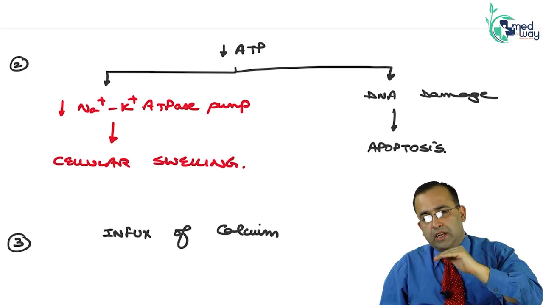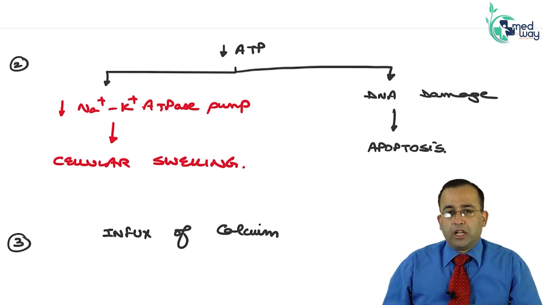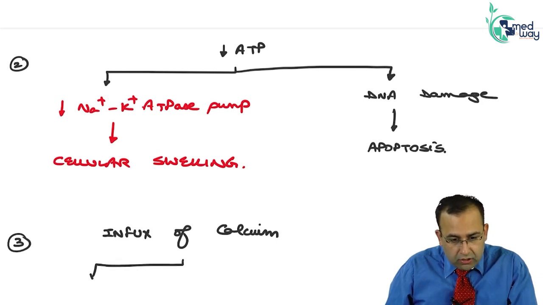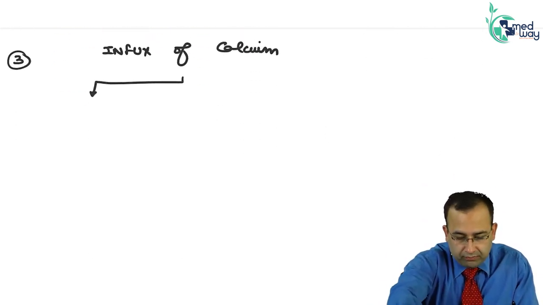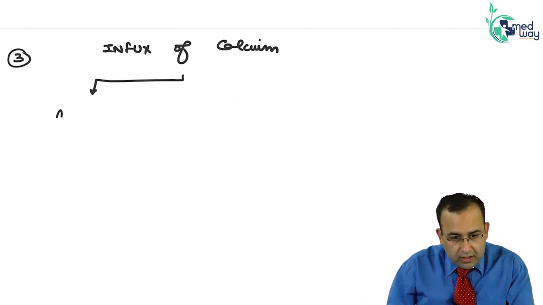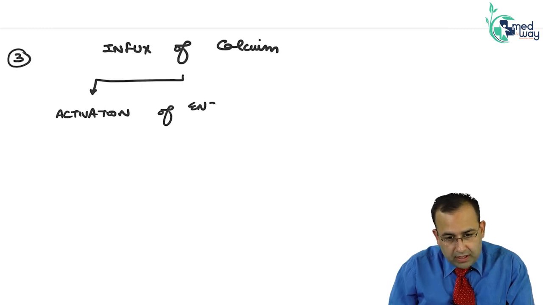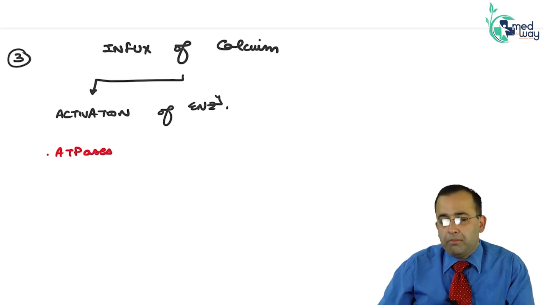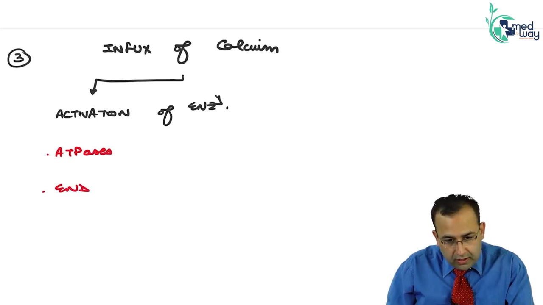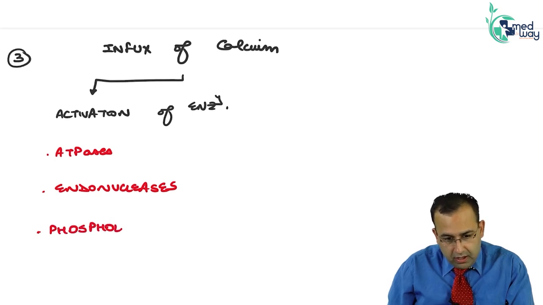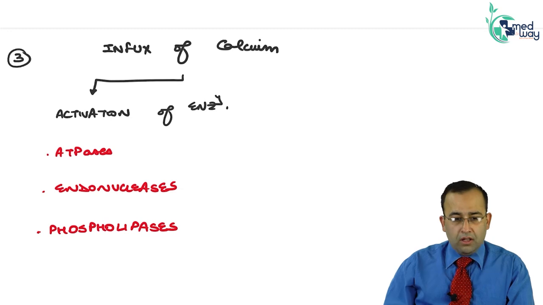So if calcium is entering into the cell, influx of calcium leads to activation of numerous enzymes like ATPases, endonucleases and phospholipases.